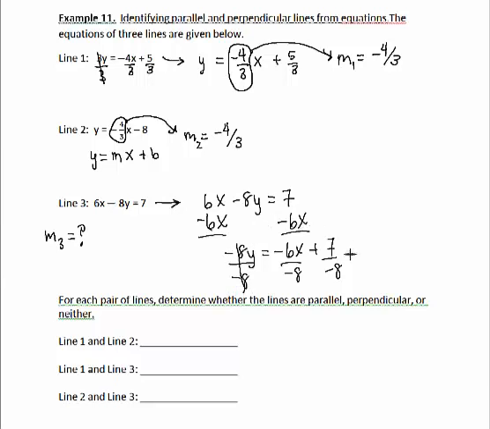The -8 cancels, and we get y equals 6/8 x plus, well, the 7 is being divided by -8, and so what we could write is a minus, subtract 7/8. Now, we want to take every slope that we have and write it in simplest terms, because most of the time we have a fraction for our slope. So I'll rewrite this as 3/4 x.